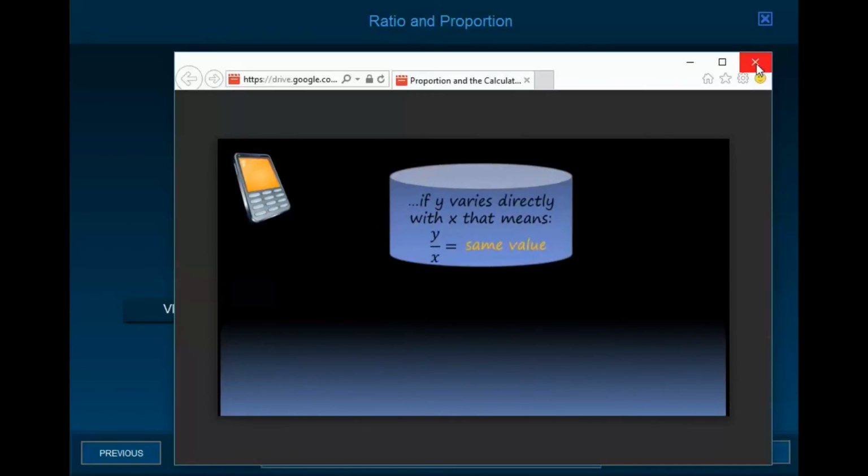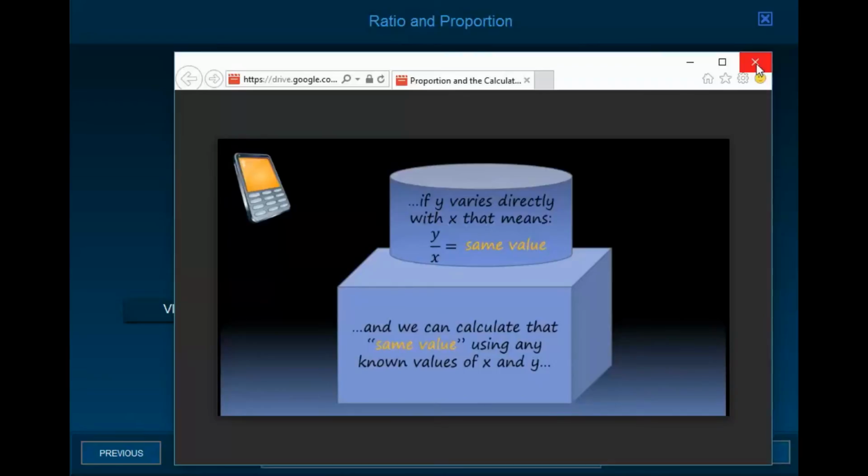We need to remember that if y varies directly with x, that means that the ratio of the variable y over the variable x is always equal to the same value. And we can calculate that same value using any known values of x and y.